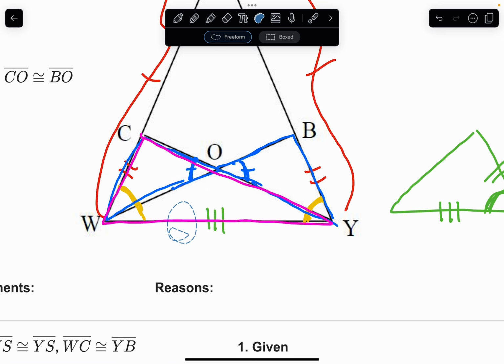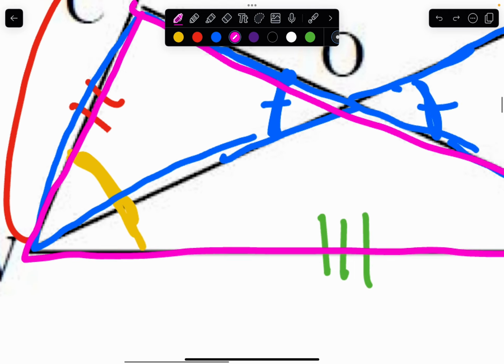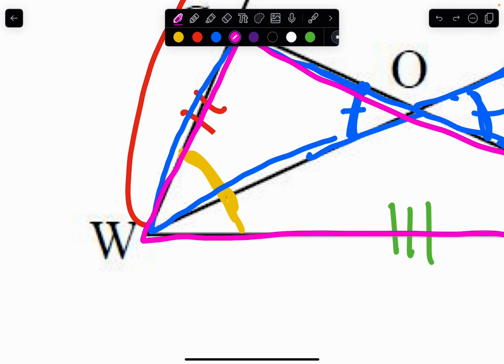And they do. They have this angle at the top in common. Both blue and pink use this angle C. Now, one of the mistakes people make is they say that they both use W. Look really hard. The pink angle W is all of this, and the blue angle W is just that.